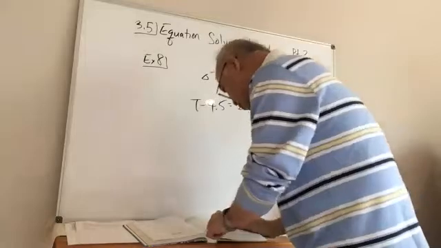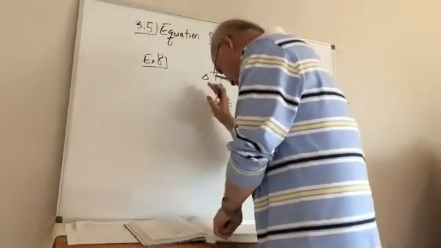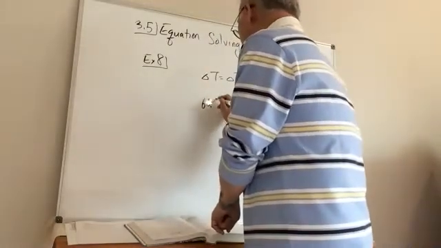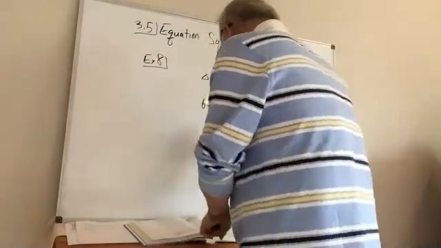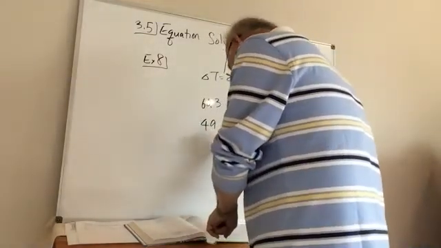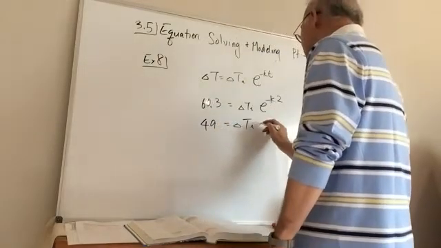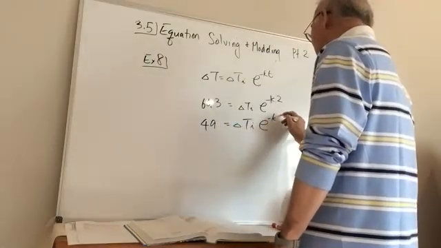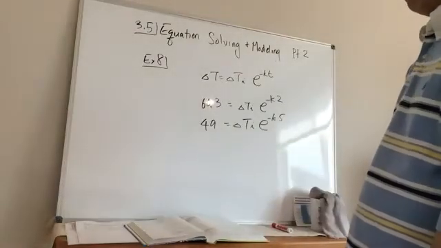My temperature was 60.3. And then again, at time 5, I have 49 is equal to, again, I don't know what this guy is, e to the negative k times 5.